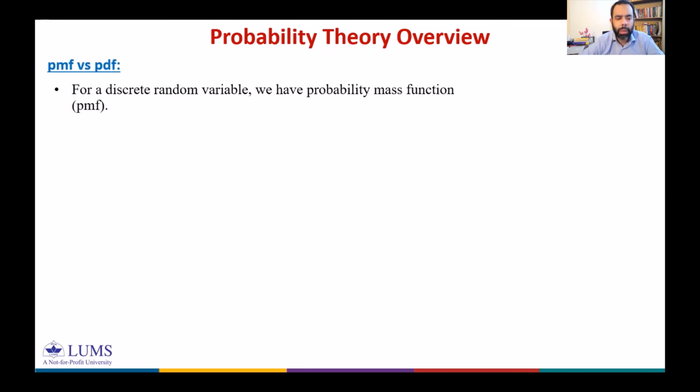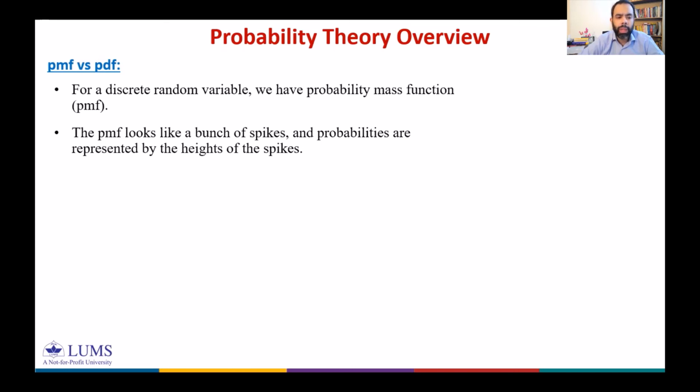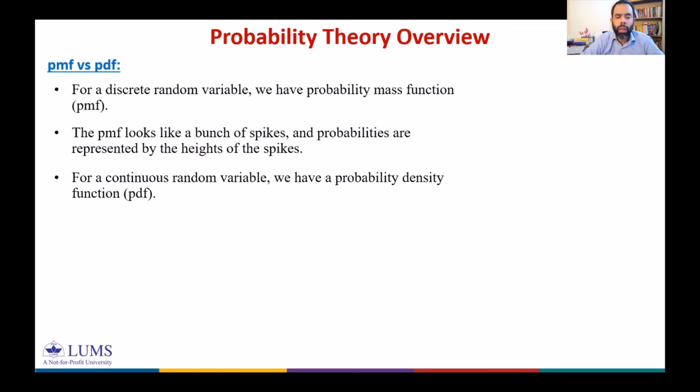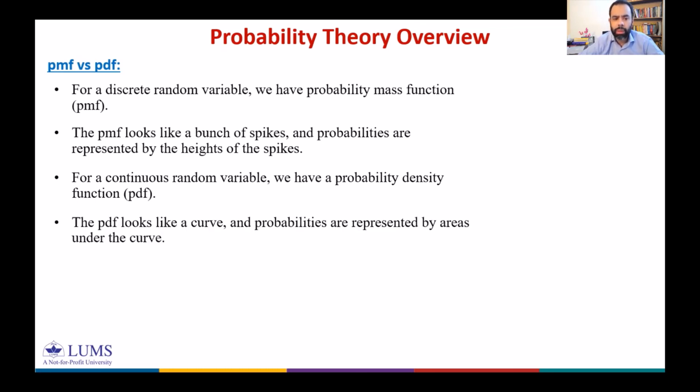Okay, very briefly, PMF versus PDF. For a discrete random variable, we have a probability mass function, and the PMF looks like a bunch of spikes because we only have probabilities defined for discrete values. The probabilities are defined by the height of those spikes along the real line. For a continuous random variable, we have a density function. This density function looks like a curve, and the probabilities are represented by areas under the curve.